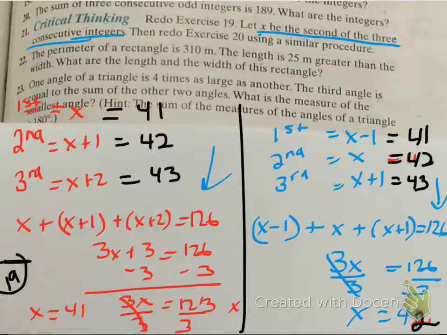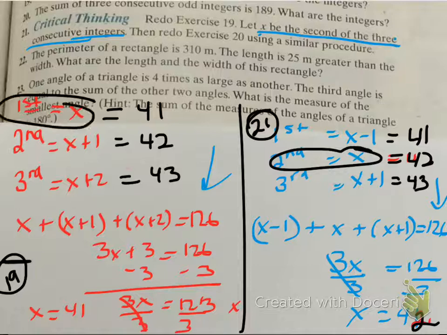This is number 19, and this is 21. We redid the same thing, except we called the second integer x, and here we called the first. What are we noticing about those? Nicole? Same answers. So you're still just doing 3 consecutive integers. It's still coming to the same total.